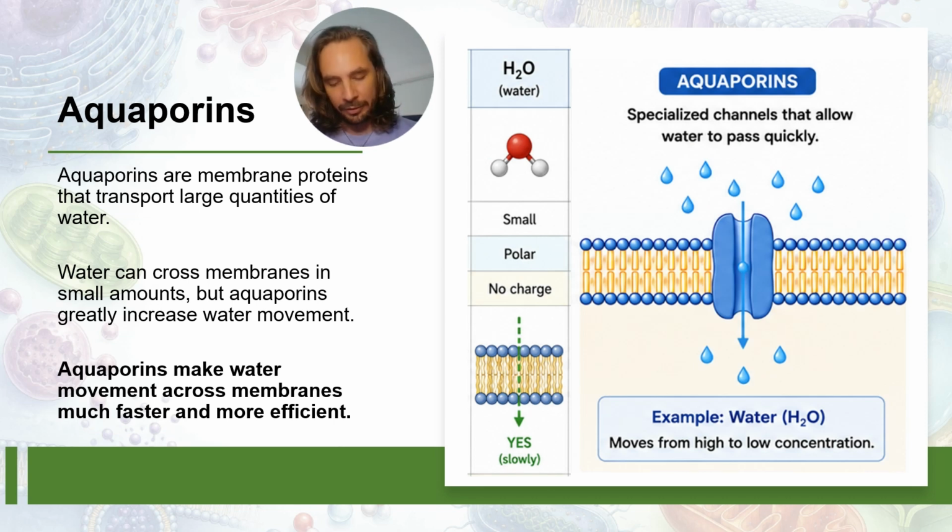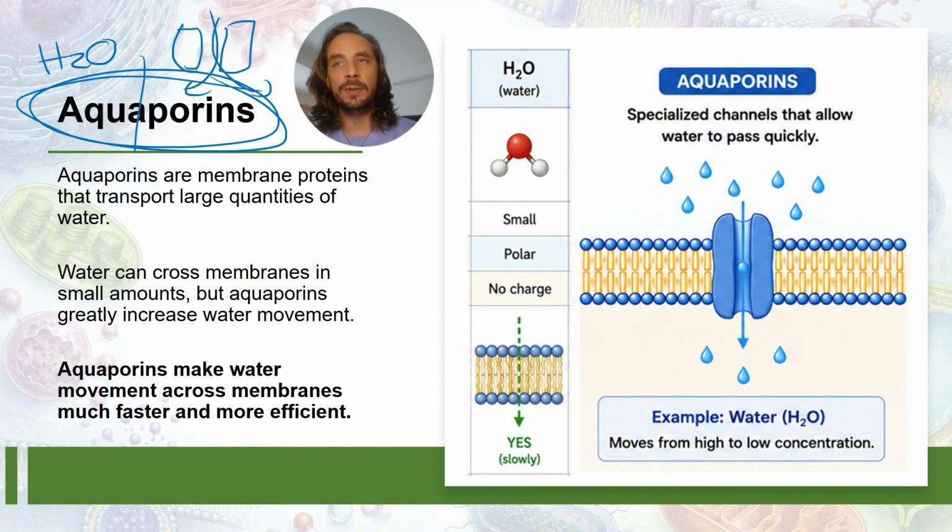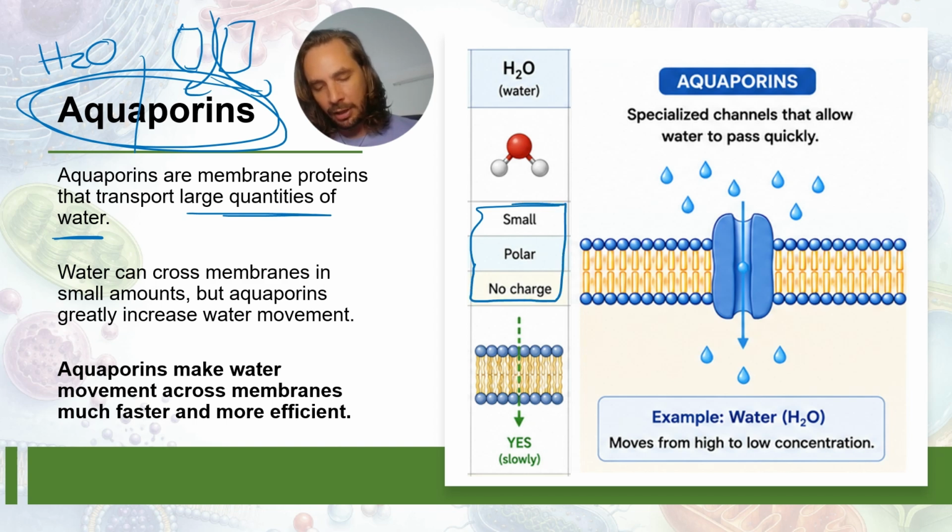Aquaporins. Aqua means water, and porins are protein channels that are specifically for water. They transport large quantities of water. Now remember, water is a small polar molecule, but it has no charge.